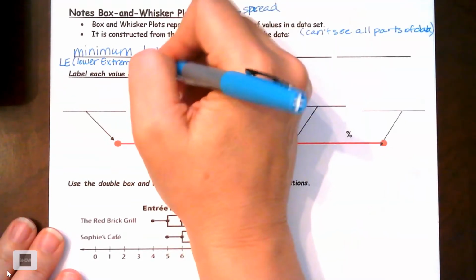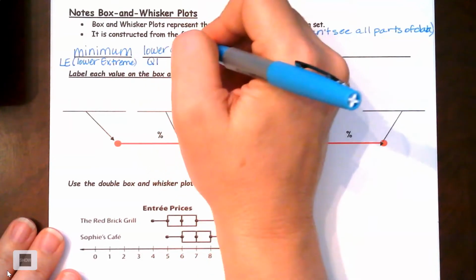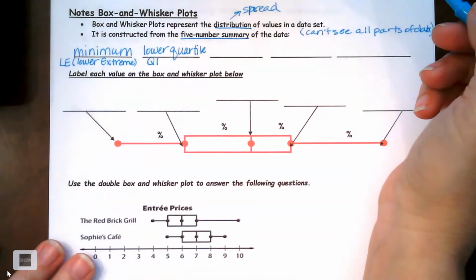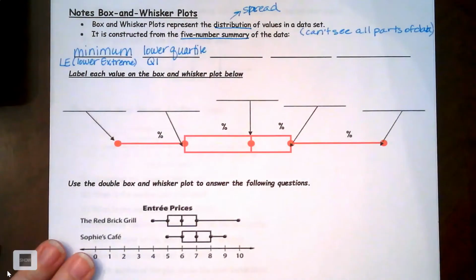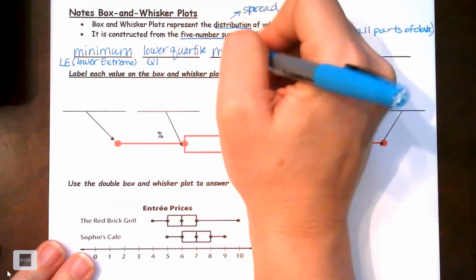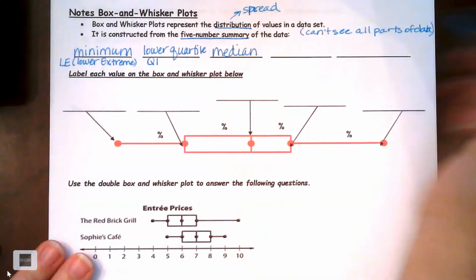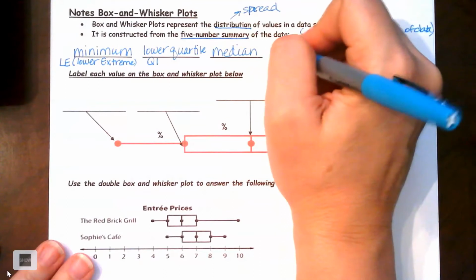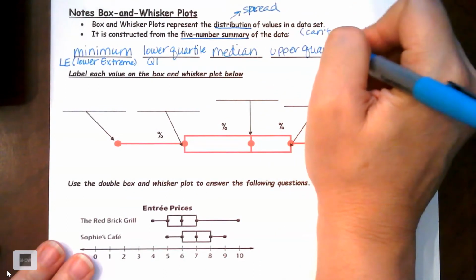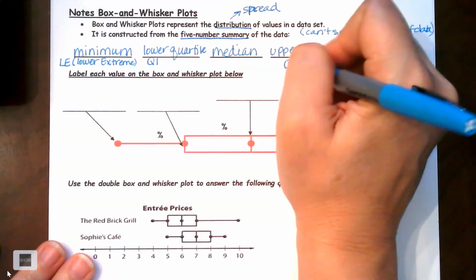Some people call that Q1. This could be LQ. All of these you're going to notice are the measures of variation that we have talked about previously. This one is the median. This one would be the upper quartile, which is also called Q3.